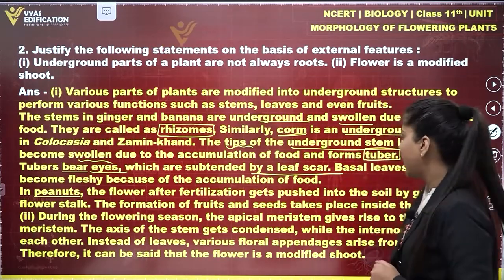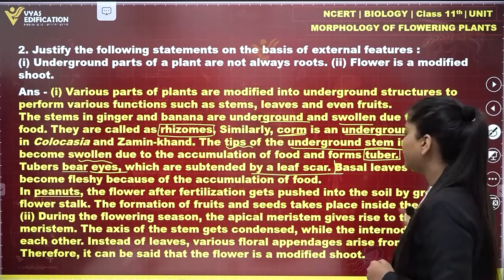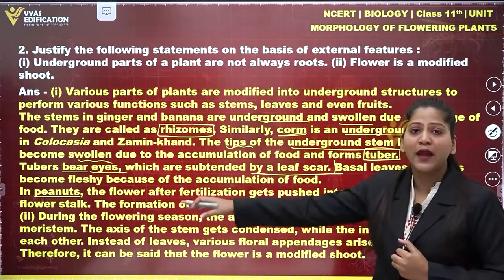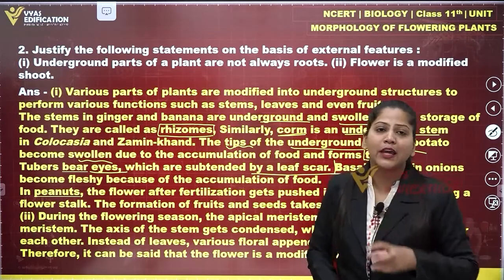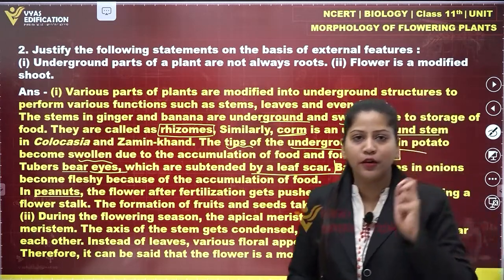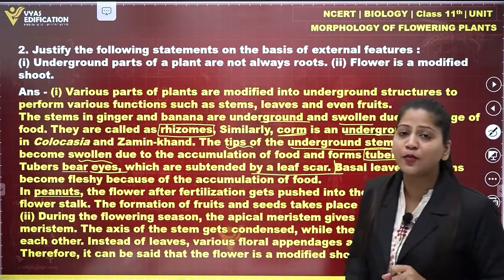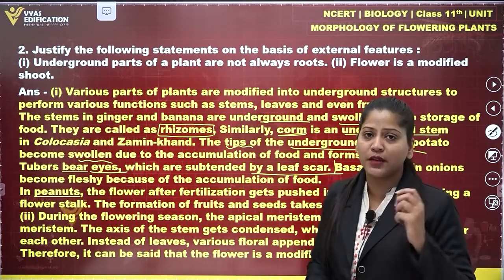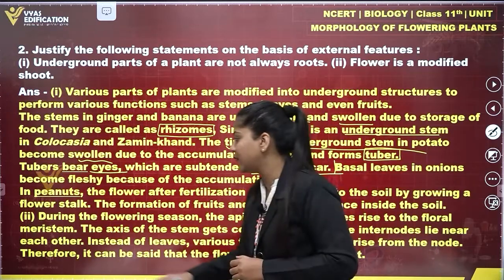Another example is basal leaves in onion. Basal leaves in onion become fleshy because of accumulation or storage of food. Last but not least, we have another example to justify statement number 1, that is peanuts.